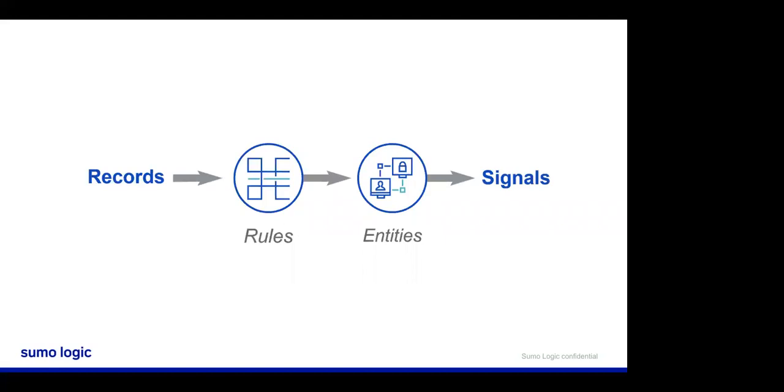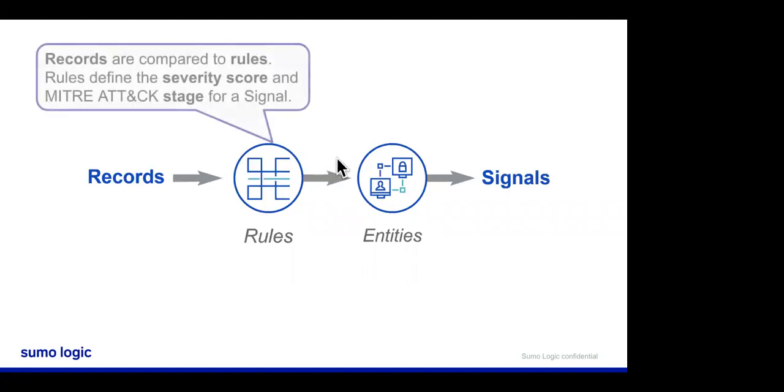Then as far as the records go, once we've got these records, we're going to compare them against a bunch of built-in rules. We've got hundreds of built-in rules already that we are going to compare and see if we have a match, right? So maybe we've got records about users logging in, no problem with that. Maybe I've got an issue where a user whose account has been deleted tries to log in. I've got a rule for that.